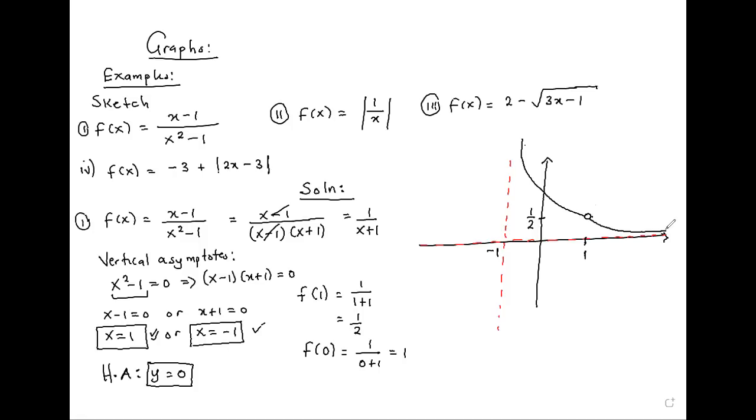Then the other side, we pick a number that is less than -1, say -2. Then we'll get 1 over -2 plus 1, which is 1 over -1. This is -1. So we have -2 comma -1.